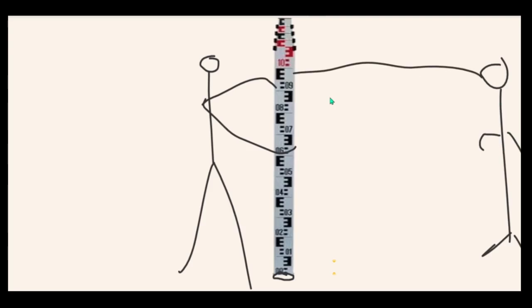Another thing you can also use to hold the staff, I've forgotten the name actually, but there is an instrument used to erect the staff vertically straight. Just something like this, vertically straight. So it's used to erect it. That's another instrument there on the ground level, but it's not often used.